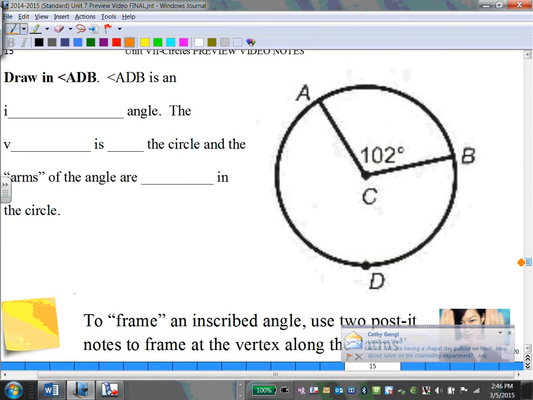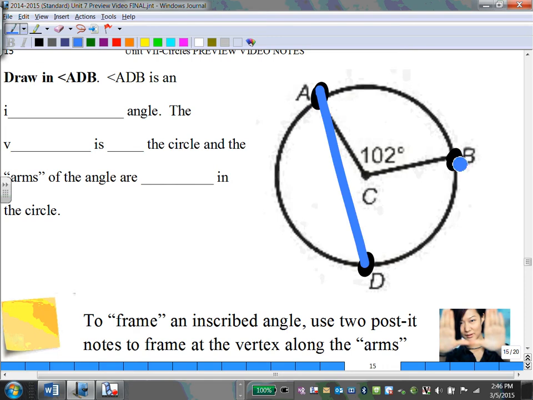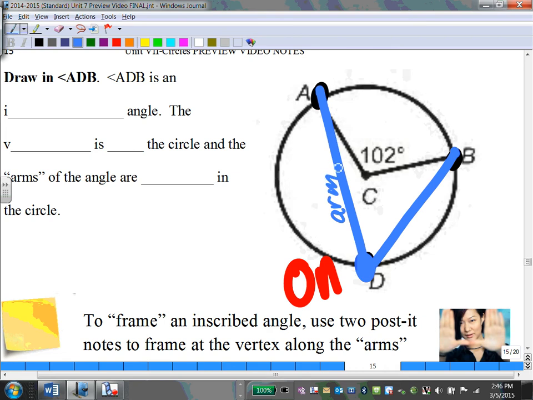Okay, now we are going to draw an inscribed angle, ADB. Let's darken DB. Now ADB, if you have a straight edge, get it out. ADB is what's called an inscribed angle. Notice the vertex is on the circle and the arms are in the circle.